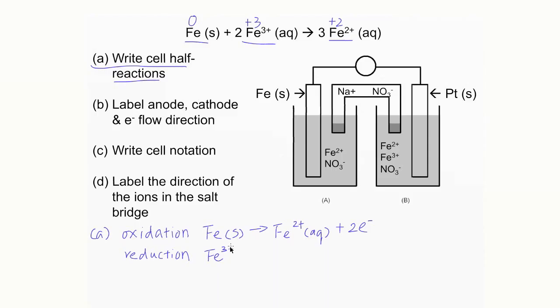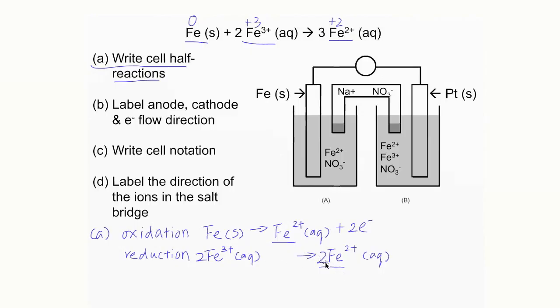Iron 3 plus to iron 2 plus. And if you take a look at this balanced ionic equation, you have 2 iron 3 plus, and you have 2 iron 2 plus on this side, because you've already used the 1 iron 2 plus in the oxidation half reaction, so you have 2 iron 2 plus left.